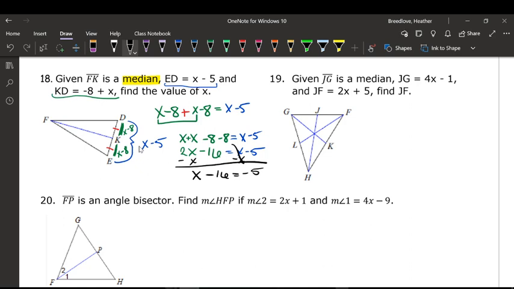So my last step is going to be to add 16. So x equals 9. Negative 5 plus 16 should be 9. And it just said find the value of x, so I am finished.